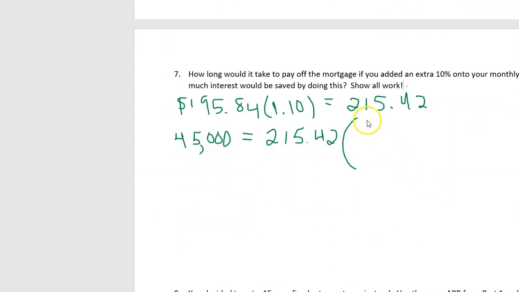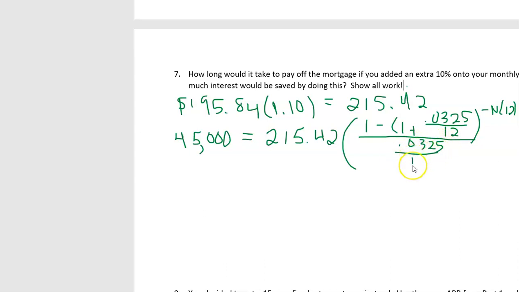So we're still going to have 1 minus 1 plus 0.0325 over 12, raised to the negative n times 12, and then 0.0325 over 12.